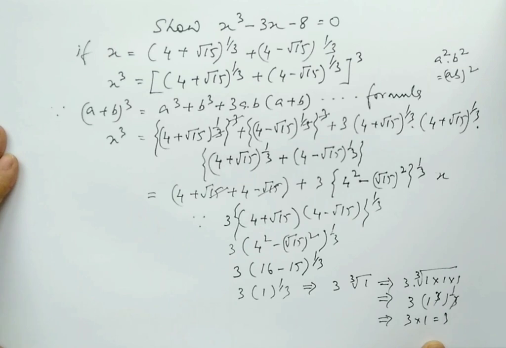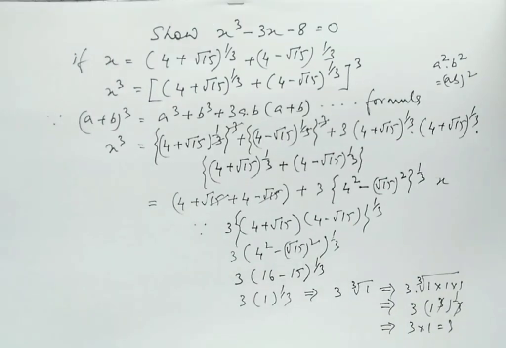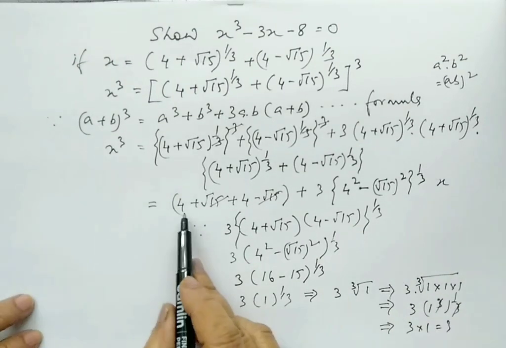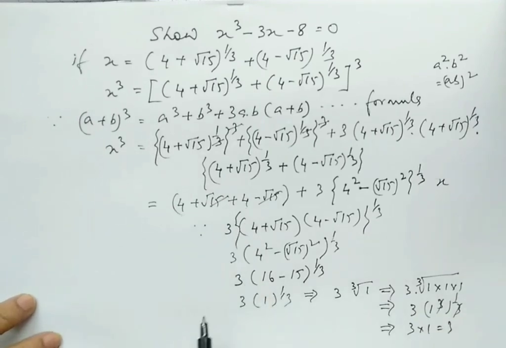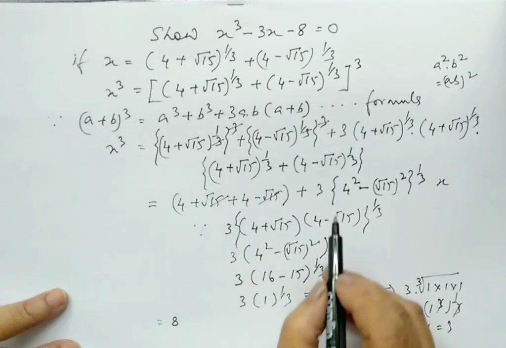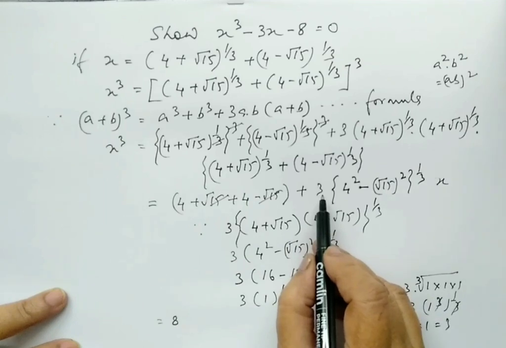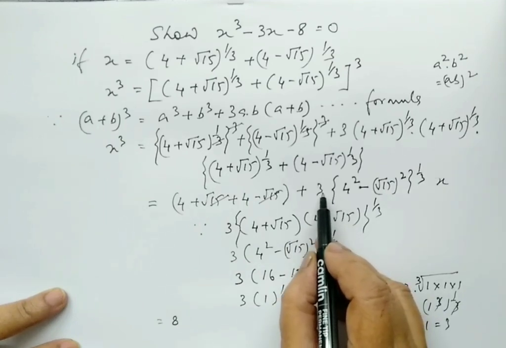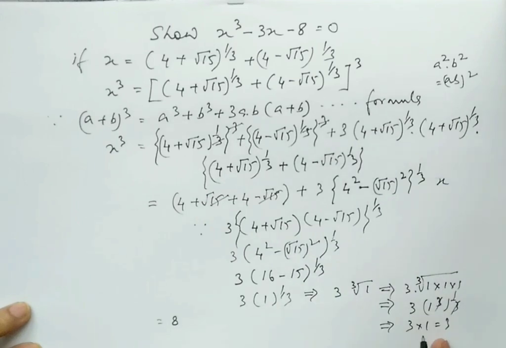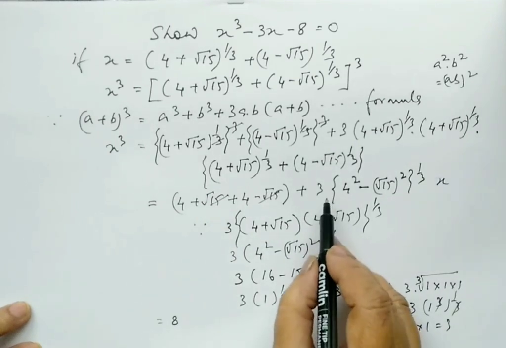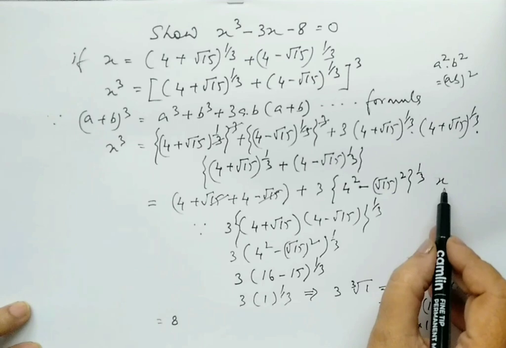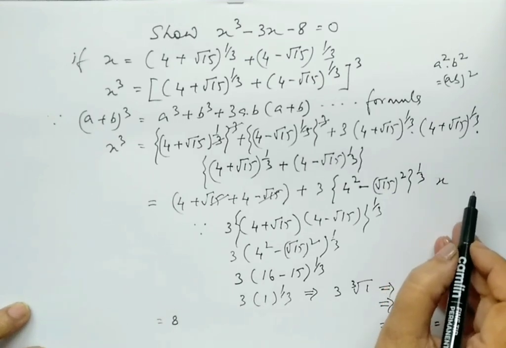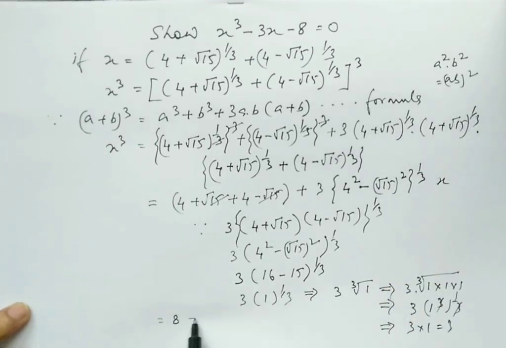So I hope that you people have understood. So from here we get 4 plus 4, 8. Alright. So we have 8 for this. For here we have 3. And just now we solved this and got 3 multiplied by 1, which is 3 alone, multiplied by x. Correct? So we have plus 3x there.